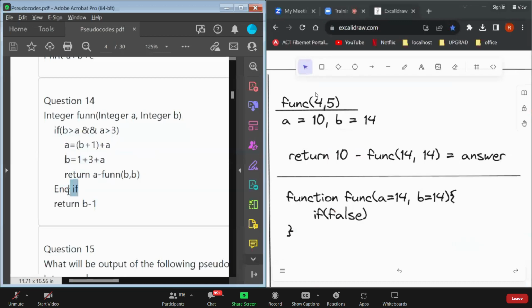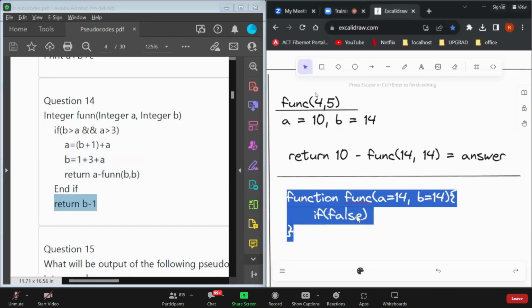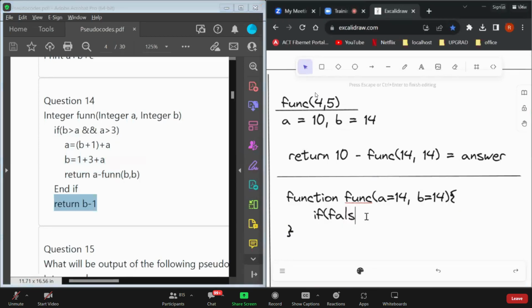So the if is false, this part will not execute. It directly goes to end if. After that you have written b minus 1. So here it will just return the value b minus 1. What is the value of b? 14. What is 14 minus 1? 13. So you got a solid answer here. There is no more function call.